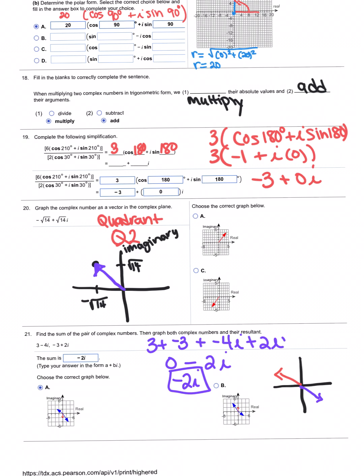And their sum, 0 minus 2i, well, that's a quadrantal, so it's actually on the quadrantal angle. So it would be option A.